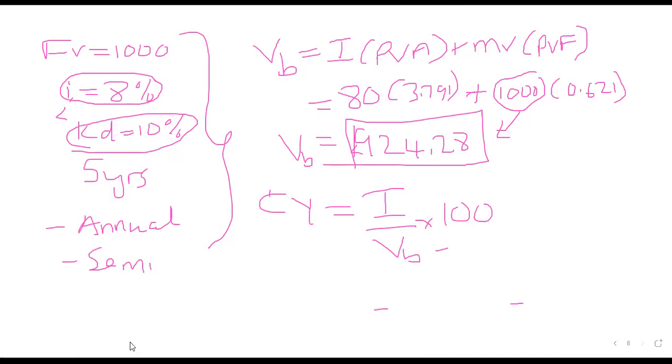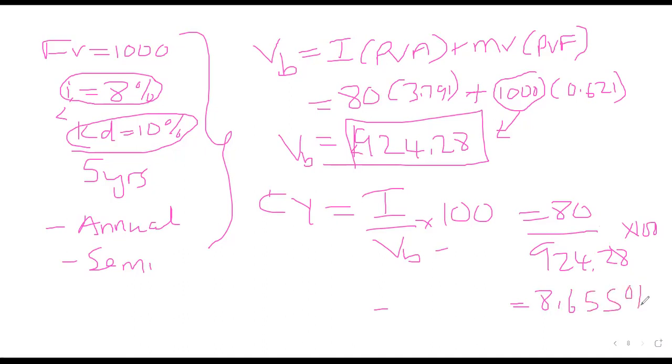All right. So here, what is our coupon value? 80. The bond is selling for 924.28, times 100. So 80 divided by 924.28 times 100, we're going to get 8.655%.